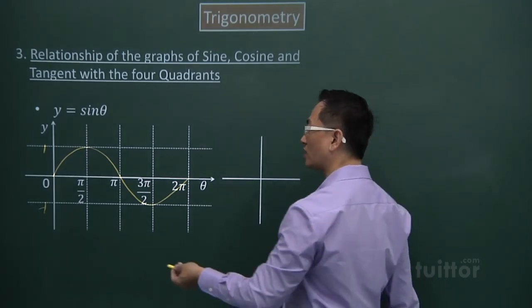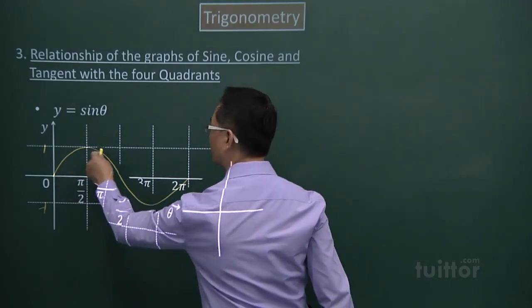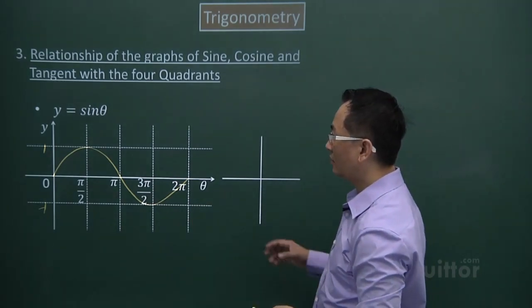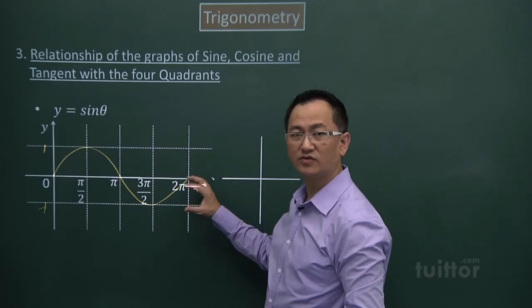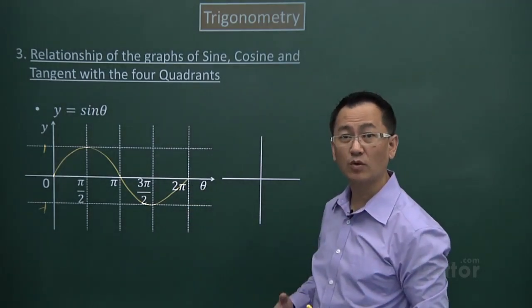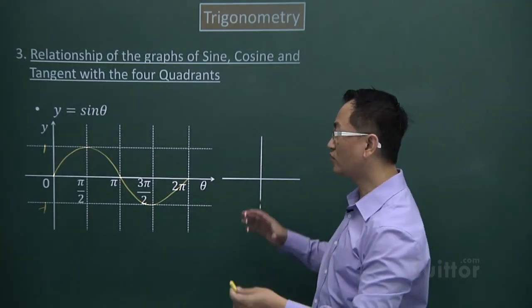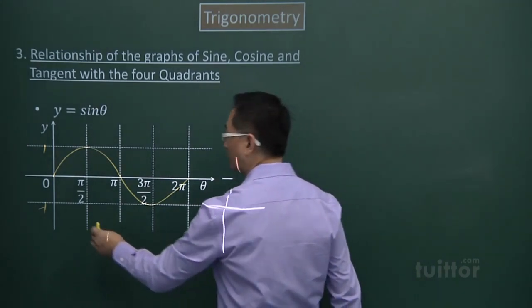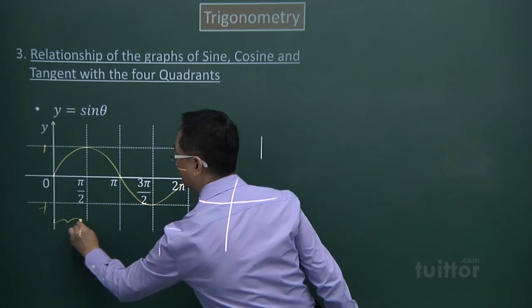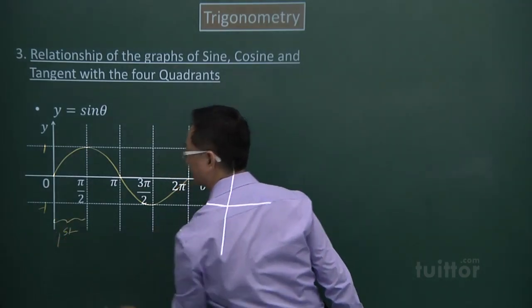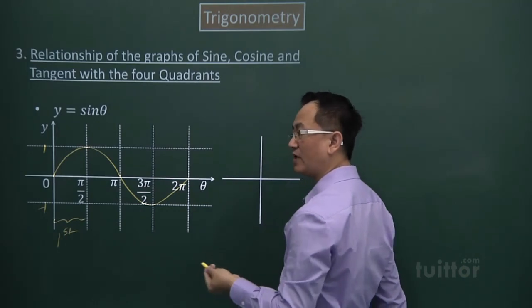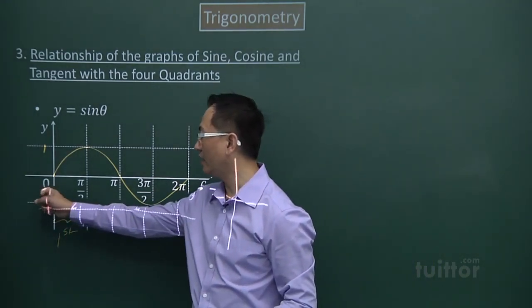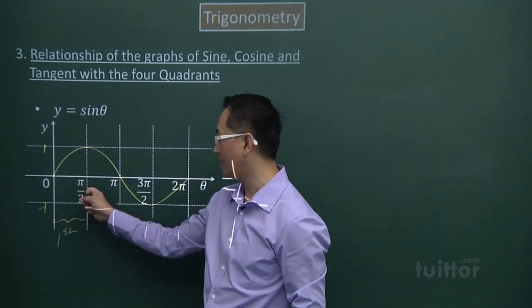But I think it's important that you remember the basic shape of the graph. But I'm using this graph here to illustrate what we know about the four quadrants, trying to relate the two ideas together. Now take this as your first quadrant, because the first quadrant angles lie between 0 degrees and 90 degrees.